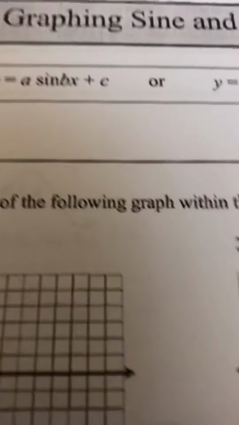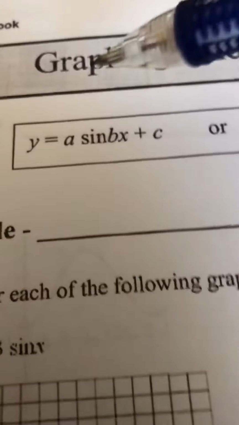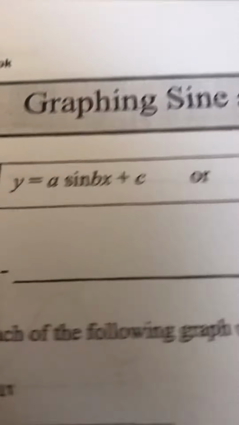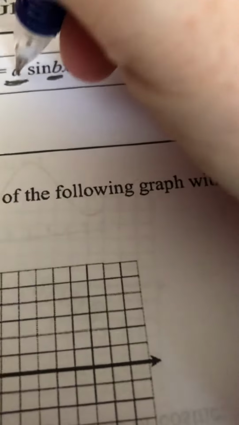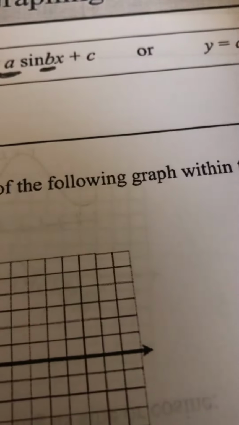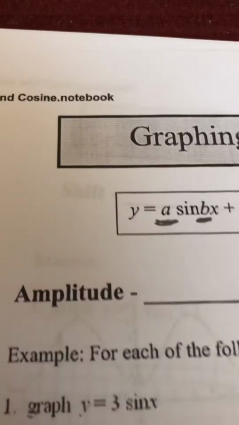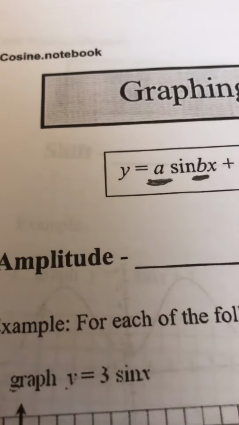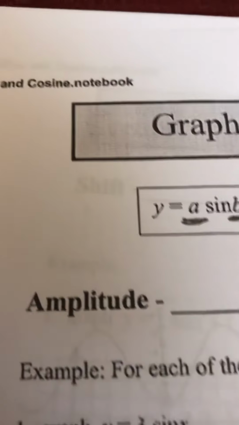So when we have sine and cosine equations, we really look at y equals a sine bx plus c, or y equals a cosine bx plus c, where we can have coefficients of sine and x, or coefficients of cosine and x, and then add on an extra number at the end. Well, these coefficients all have meaning, and they each do something different to the graph.